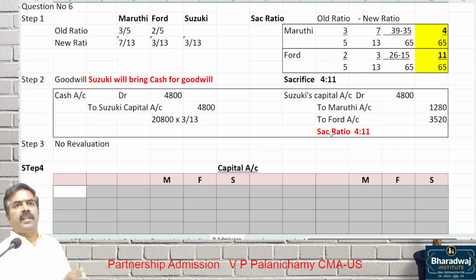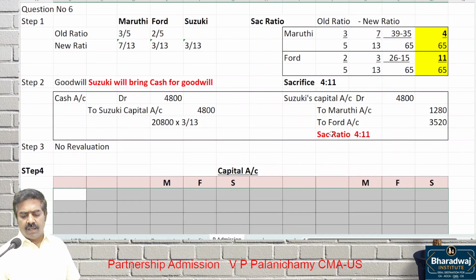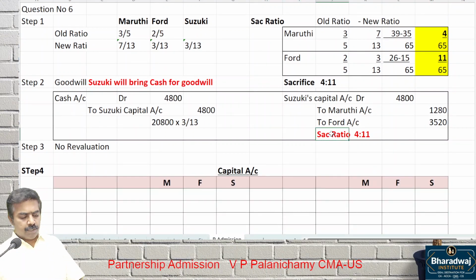You can record everything. Don't close capital account alone. You can record opening balance, goodwill adjustment, general reserve, P&L account adjustments. You can record everything except which one? The closing balance.